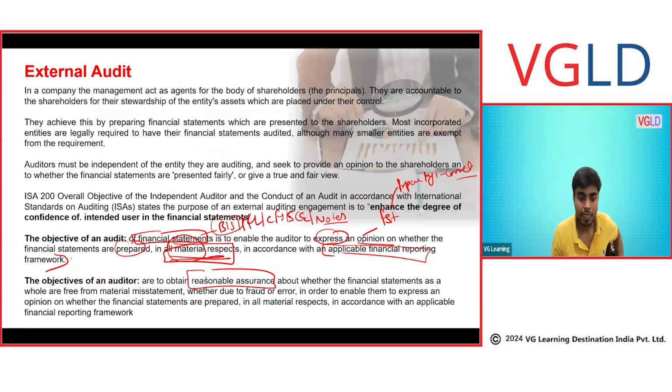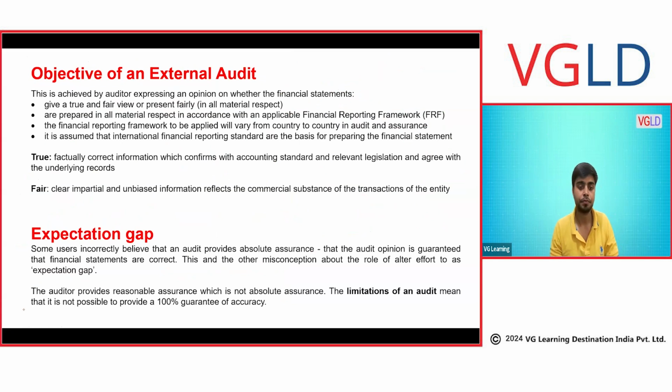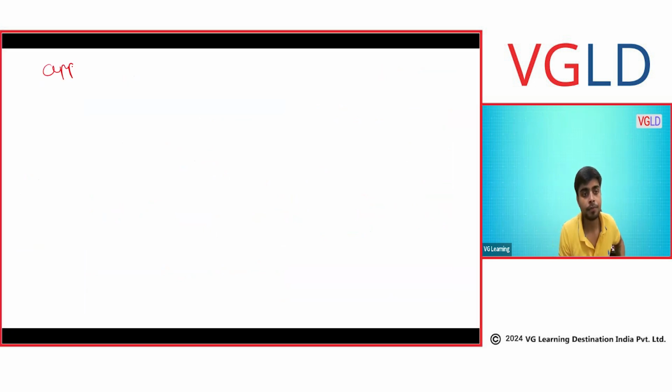Second thing, what is the applicable FRF? This is also called FRF, Financial Reporting Framework.